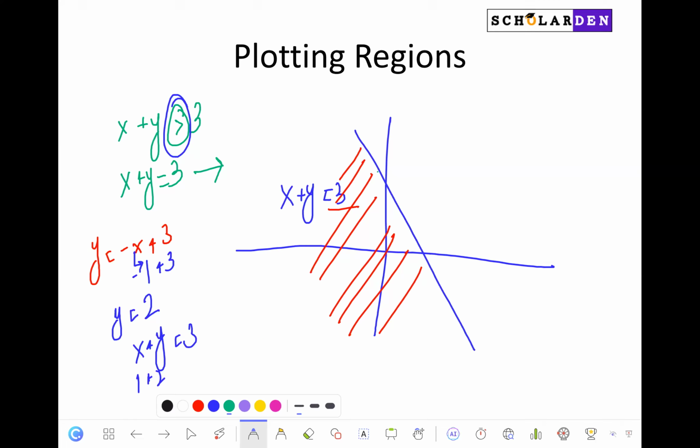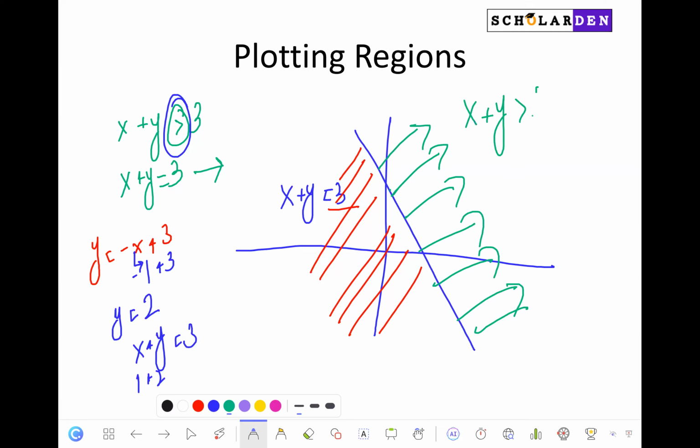So the valid region in this particular case is everything to the right side of this line. Every point to the right side of this line is going to satisfy this equation. And because we have a strict greater than sign over here, this boundary is not a part of this region. Here's the thing.